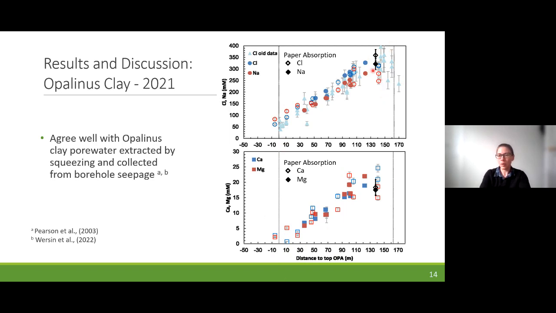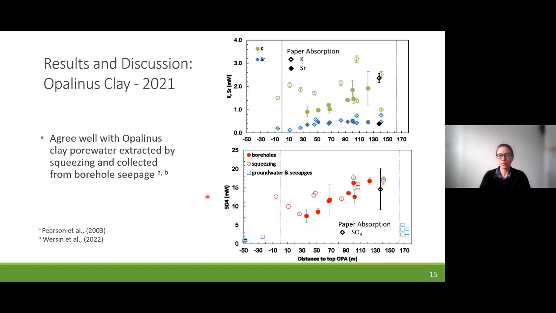And when plotting our paper absorption concentrations in this manner, comparing them to previous data sets, we see that the concentrations reported by the paper absorption method compare well to those concentrations reported by previous methods. And this is true for chloride and sodium, as well as calcium and magnesium. In potassium, there's a lot of scatter of the data, but also we have a good comparison to this other data set. Strontium and sulfate also compare well.